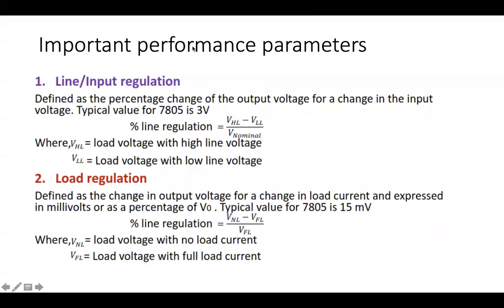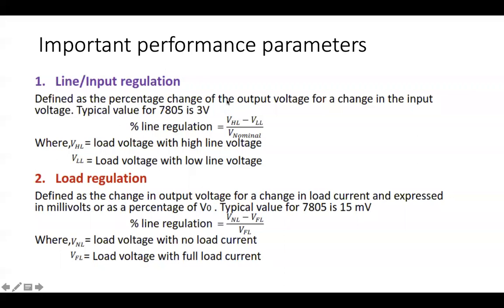This is defined as the percentage change of output for a change in input. If some changes are made on the input side, how is it impacting the output? What percentage change happens on the output side? That is called regulation.